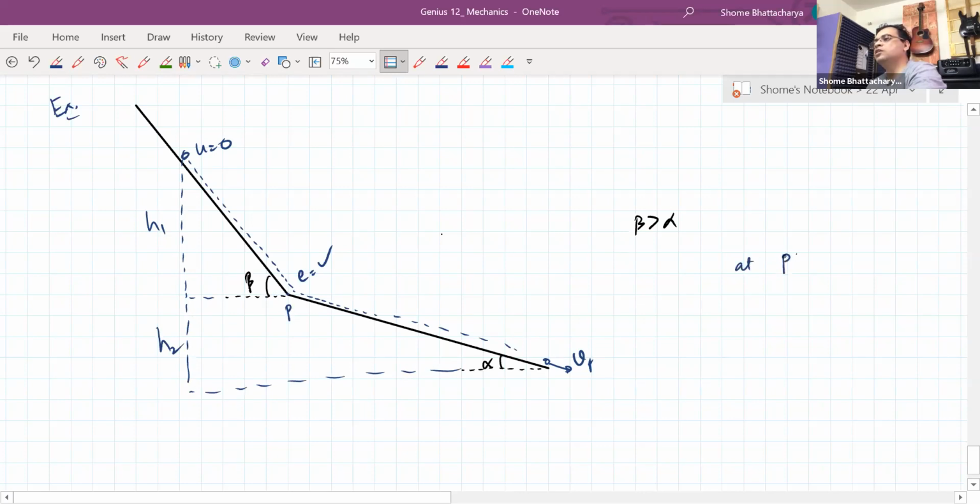So at the corner point P, you are having a collision between two such surfaces, this and this. What you have to understand is what is the angle between them. This becomes the critical thing over here.